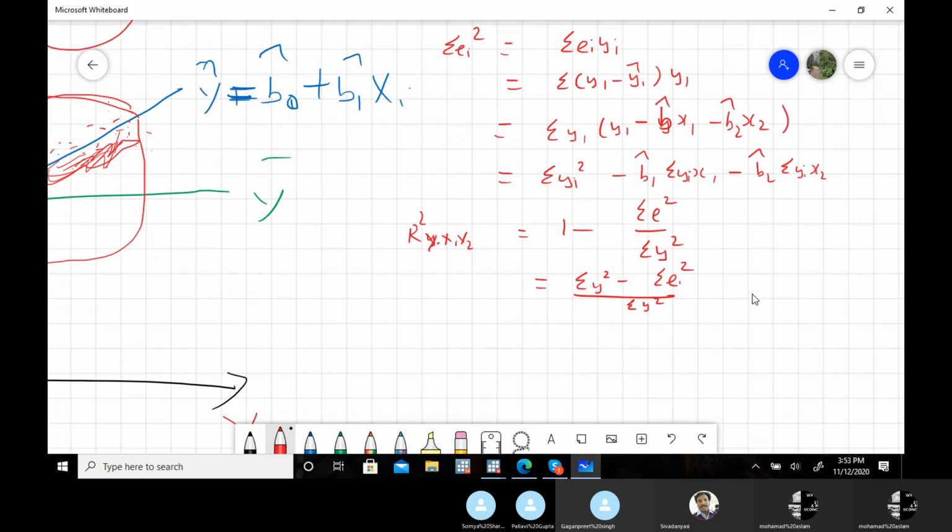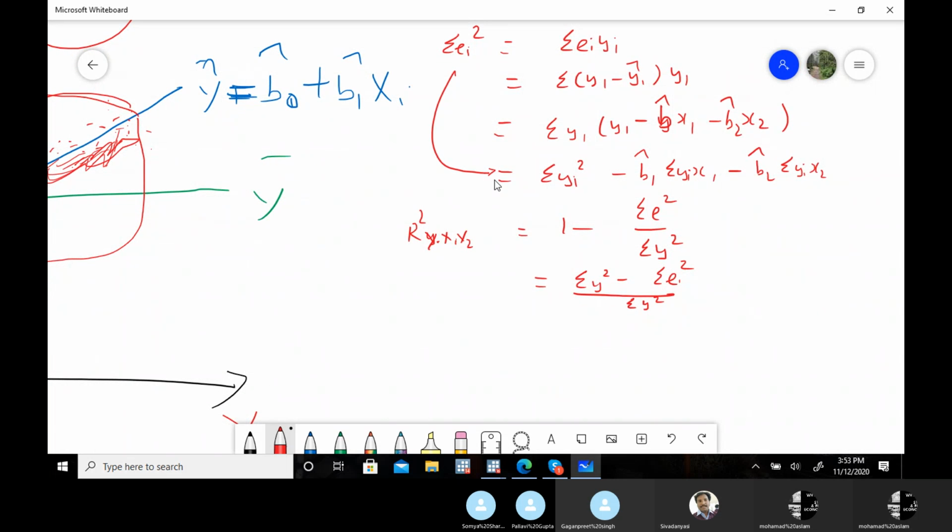If we put these values here, summation yi square, this particular term, minus all this term: summation y square minus beta 1 hat summation yi x1 minus beta 2 hat summation yi x2. Sorry, yi.